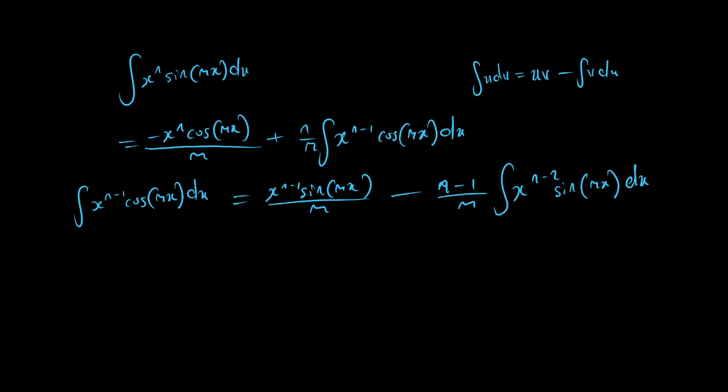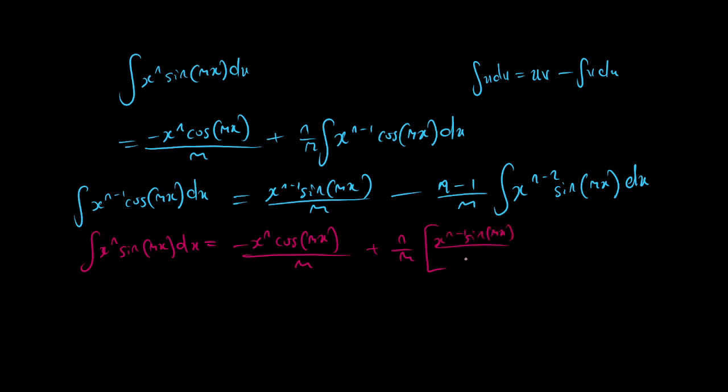So let's see. The next thing, now we have that the integral of x to the n sine of mx dx is equal to negative x to the n cosine of mx all divided by m, plus n over m times x to the n minus 1 sine of mx all divided by m, minus n minus 1 over m times the integral of x to the n minus 2 sine of mx dx.